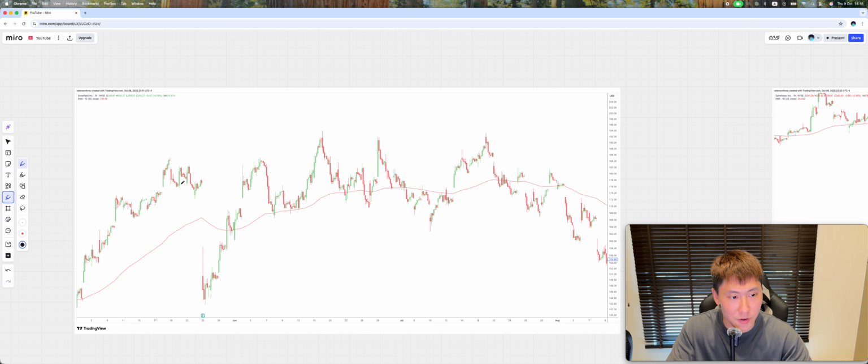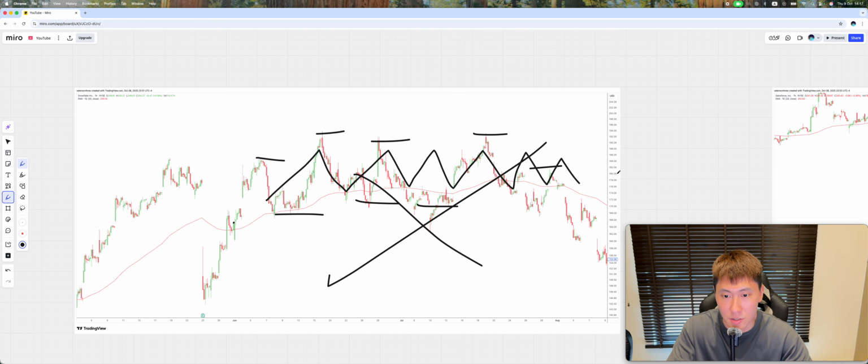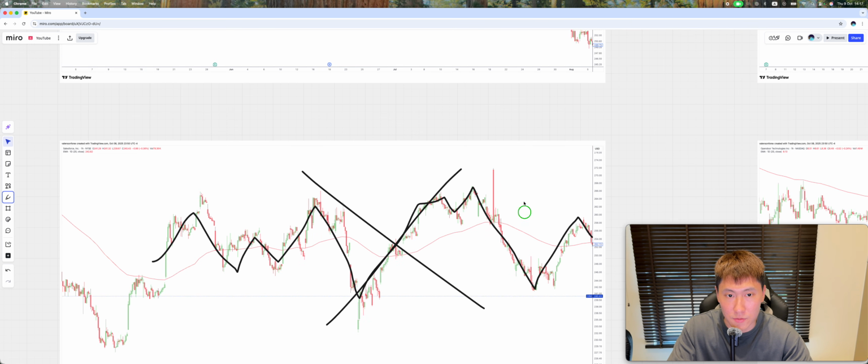It has a choppy price action as well. So the price action has been going sideways because equal highs, equal lows, pretty much everything is equal. So for this kind of range, we call this a range. We wouldn't want to enter buys or sells, so no action on this. So I think it's very straightforward.